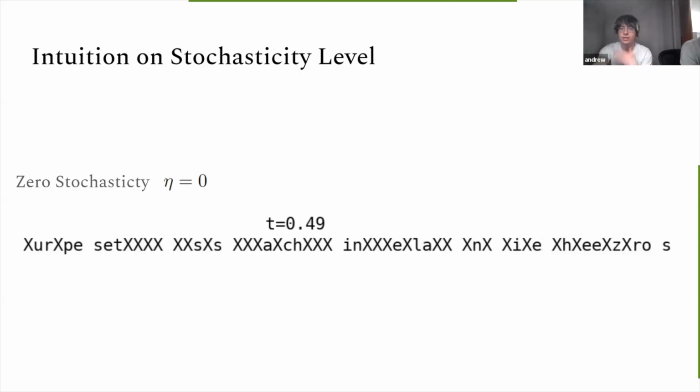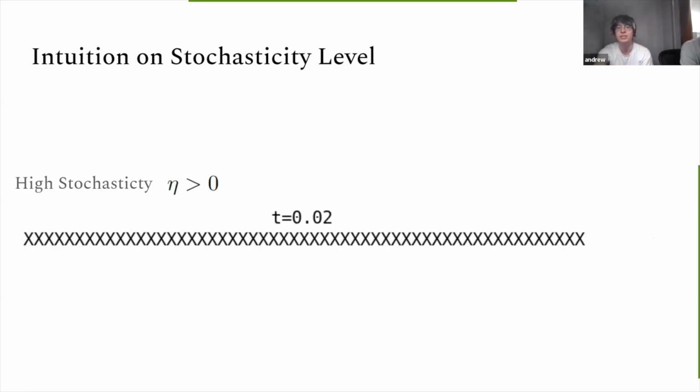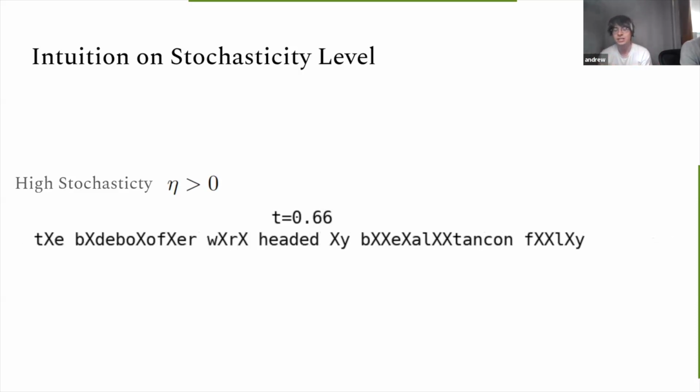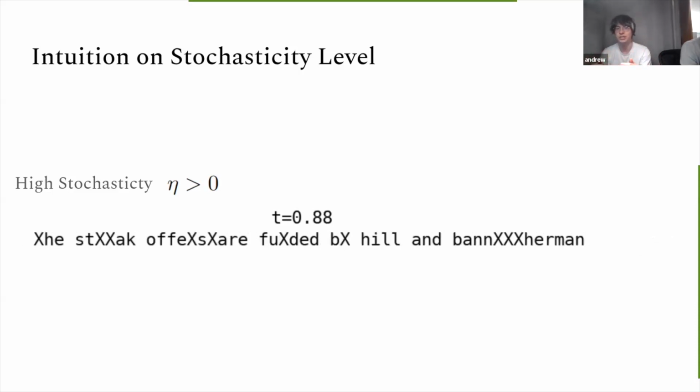But if we were to increase eta and introduce more stochasticity into the dynamics, then we have this masking, unmasking type process where tokens get unmasked, and then they get masked again, and then they get unmasked again. The benefit of doing this is that it gives the opportunity for the model to make changes as it's doing generations.